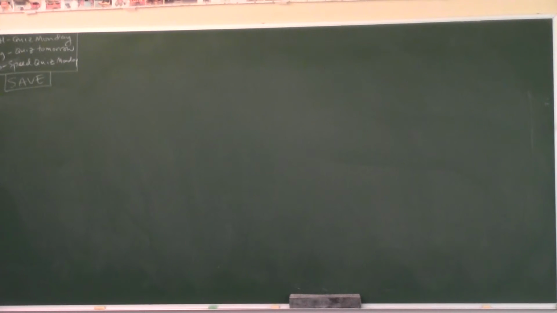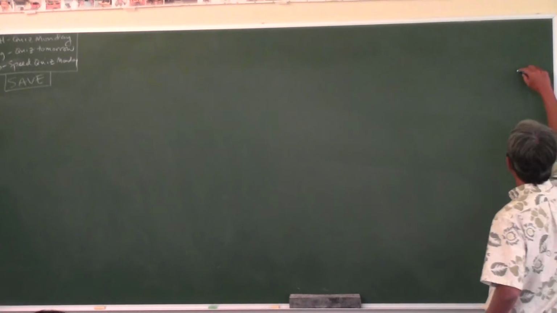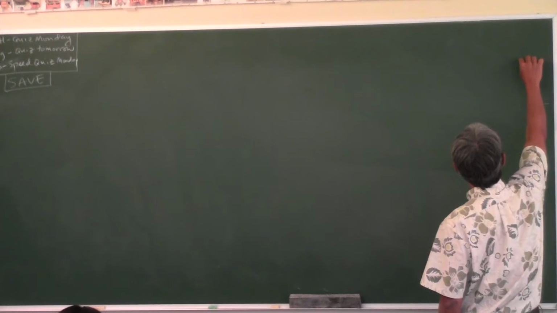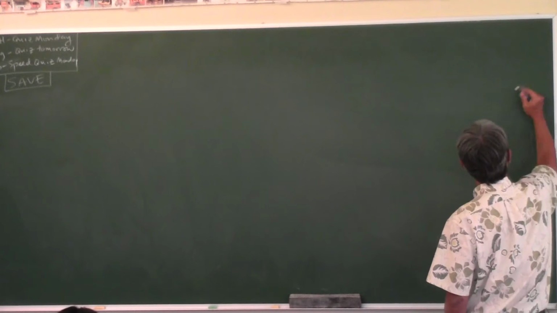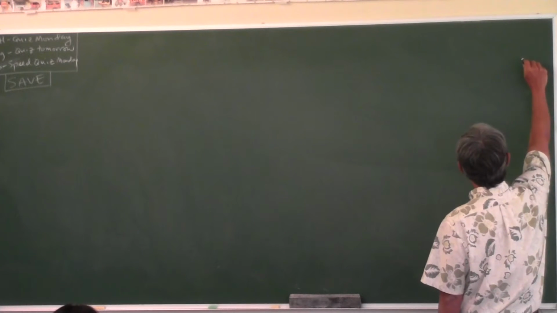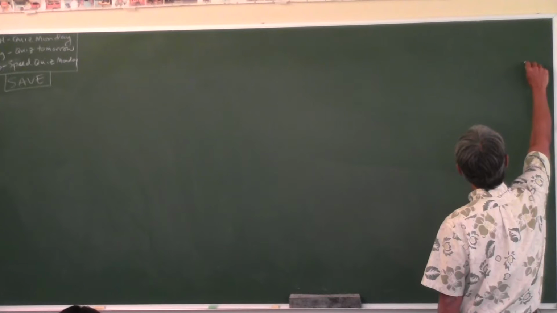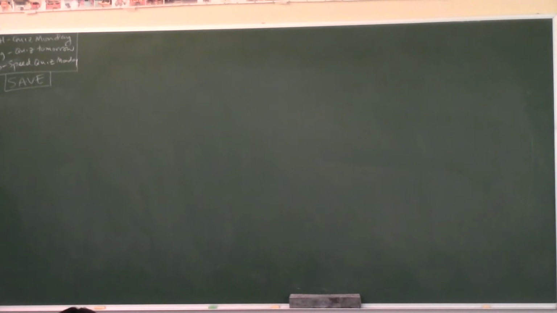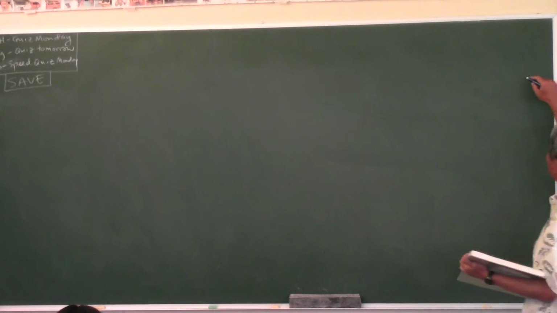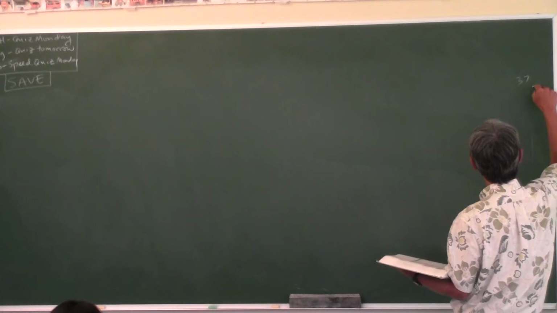Right, what numbers do we need to go over? Surely there has to be some challenging problem. Nine point four. Wait, let me get this. What? John? So what? 37. 39.